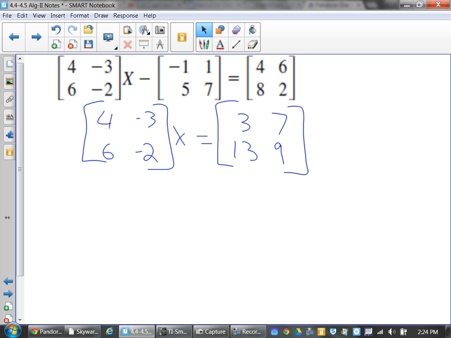Now we have to find our inverse of A. Our inverse of A is going to equal 1 over the determinant of A. Well, the determinant of A is going to be -8 minus -18, so it is 10. 1/10. I take that and multiply it by my matrix, exchanging the values along the diagonal, and changing the signs on the other diagonal: -2 and 4.